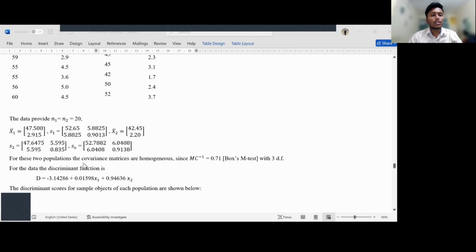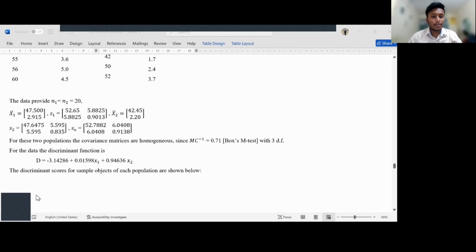For these two populations, the covariance matrices are homogeneous, since the Box M test value is 0.71 with 3 degrees of freedom. For the data, the discriminant function is d equal to minus 3.14286 plus 0.01598 x1 plus 0.94636 x2, where x1 is for length and x2 is for weight.